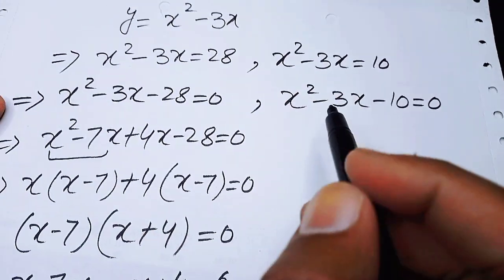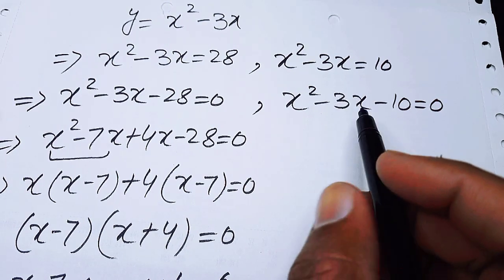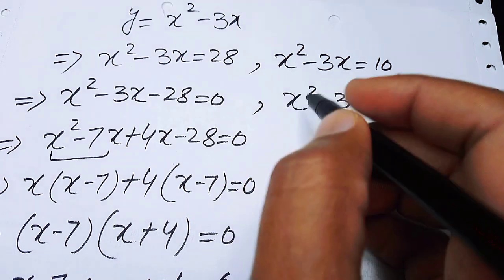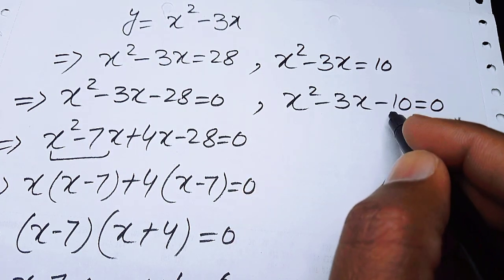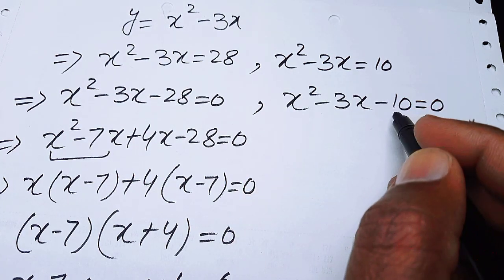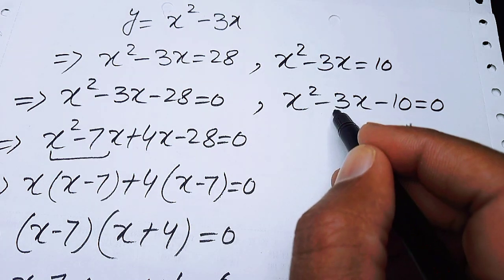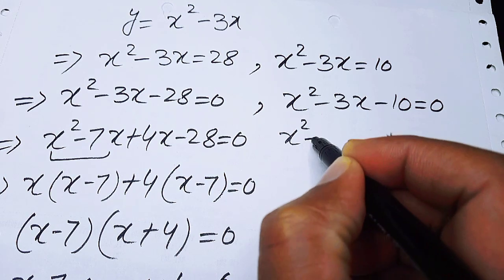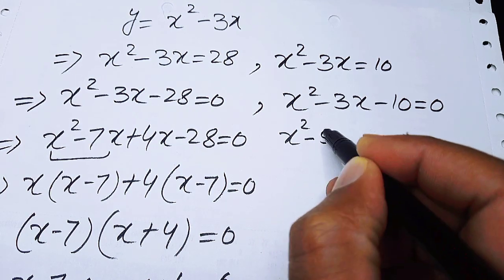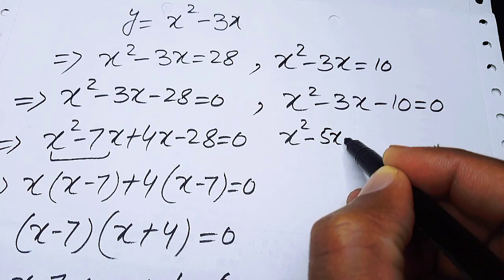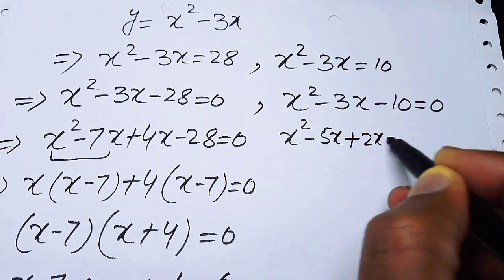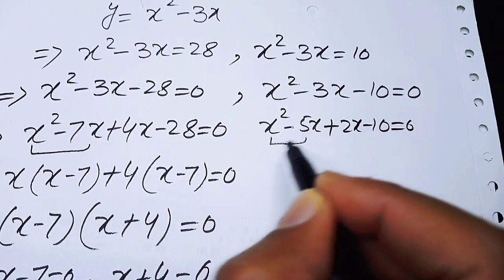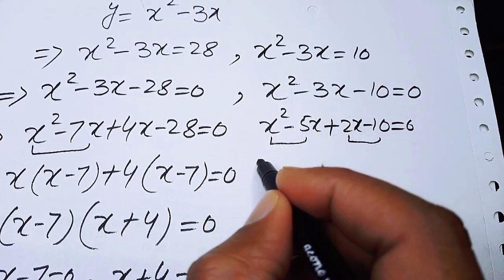So now we can solve this quadratic equation, so that here again we can make the pairs of this equation, and here we need two numbers whose product is -10 and whose sum is -3, so that these numbers are minus 5x and plus 2x minus 10 is equal to 0. So here now we can take common x from this one and take common 2 from these terms.